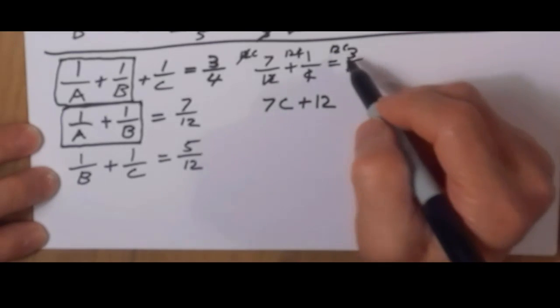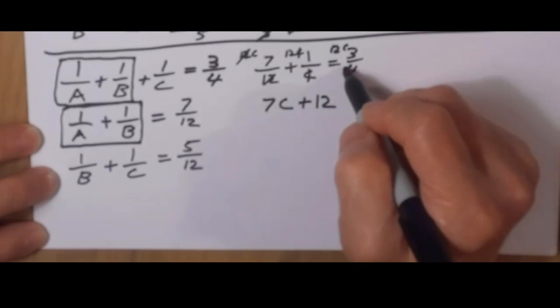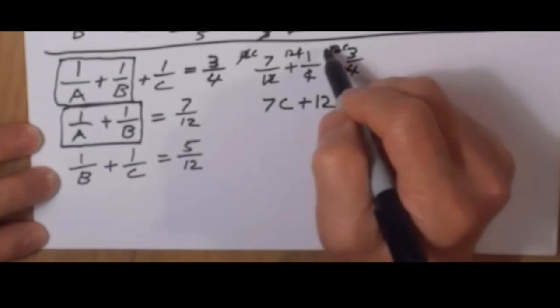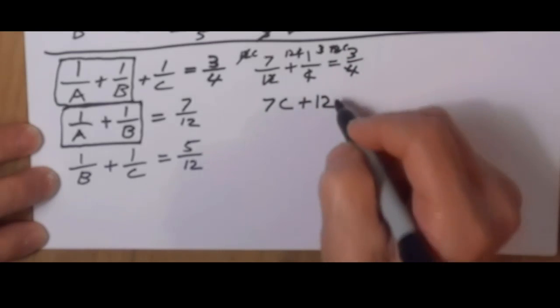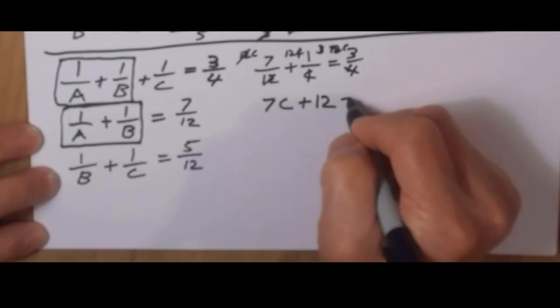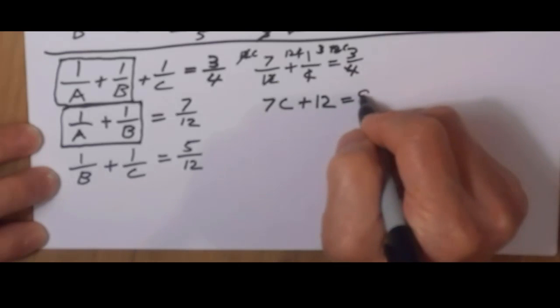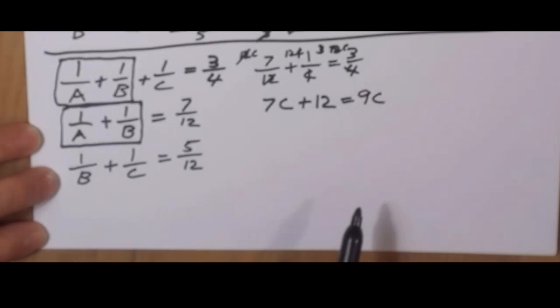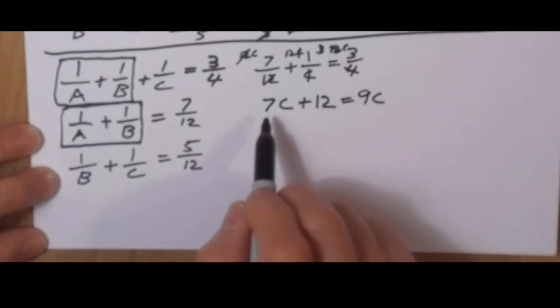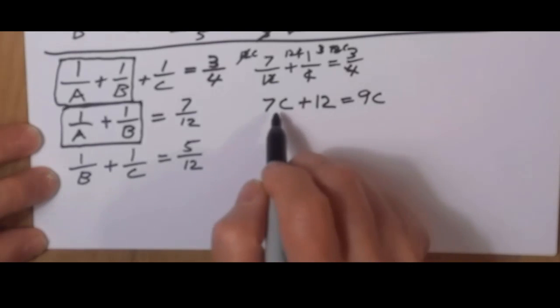And over here the 4 goes into 12 3 times. So 3 times 3 is 9. So that equals 9c. I don't know if you can see that little c there, but that's what I put there. Okay, so how do we figure this out? That's easy.